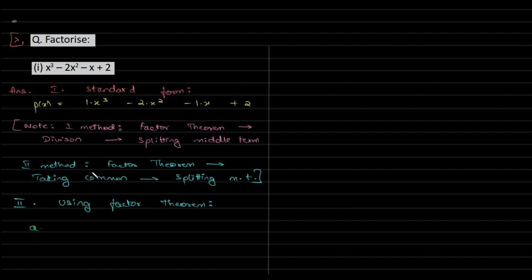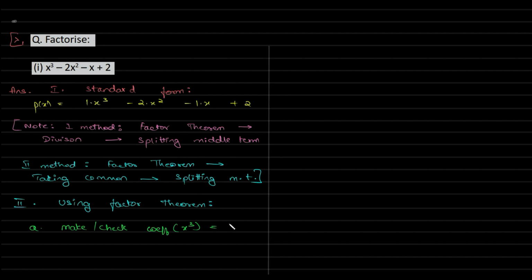Actually, more than understanding, it is a process that you have to remember. You have to check if the coefficient of x cube term is 1. If it's not 1, then you have to make it. How do you make it? I'll explain it in some other problem. It's not possible over here.